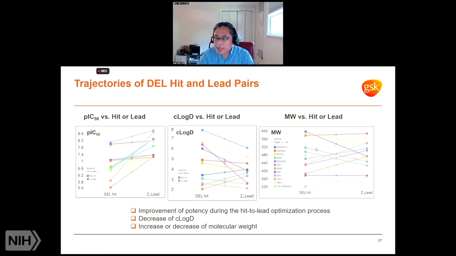And in terms of molecular weight, the trend is less clear. Sometimes you see a lower molecular weight, which is probably due to truncation, a strategy applied for the hit to lead process. And sometimes you see an increase in molecular weight, which is more typical of the traditional MedChem process for improved potency and selectivity.